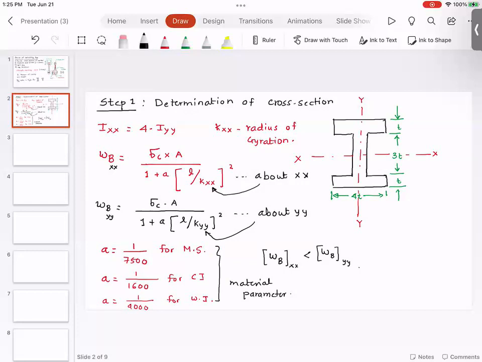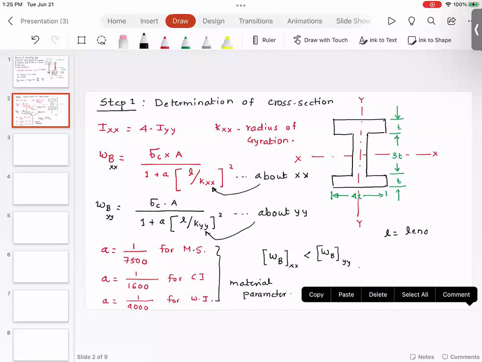It would be dimensionless, because L is the length of the connecting rod, and radius of gyration Kxx is a radius.